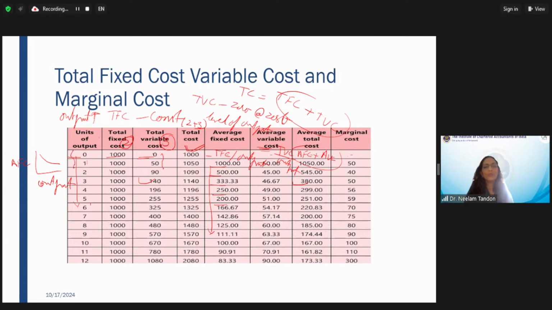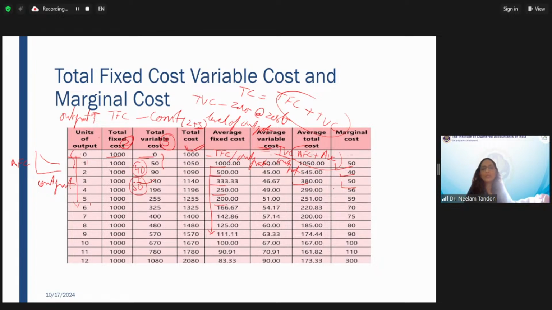So 50 minus 0, 1 minus 0 is 50. 90 minus 50 is 40, 2 minus 1 is 1, so 40 by 1 is 40. 140 minus 90 is 50, 3 minus 2 is 1, 50 by 1 is 50. So you get marginal cost.